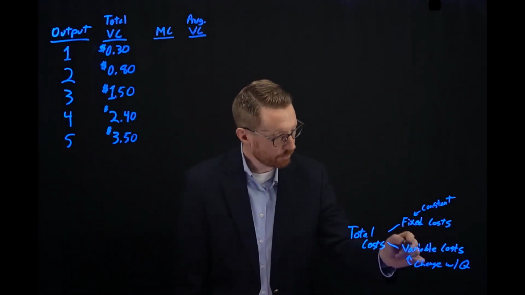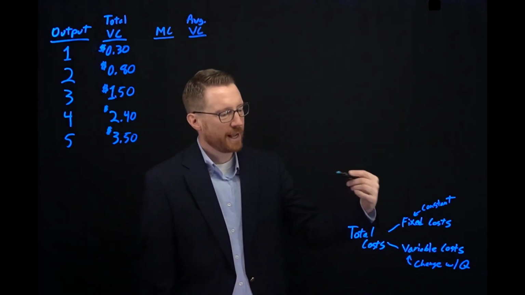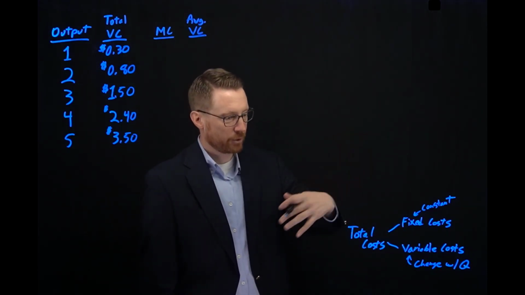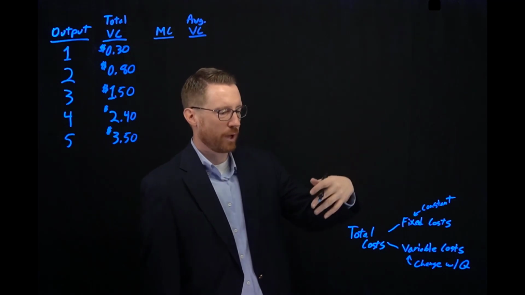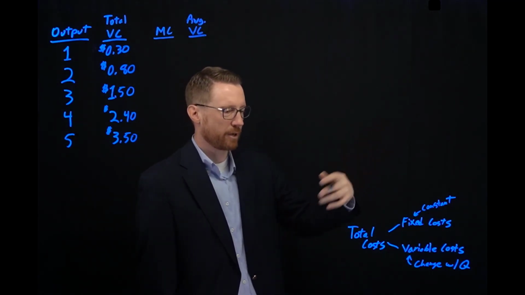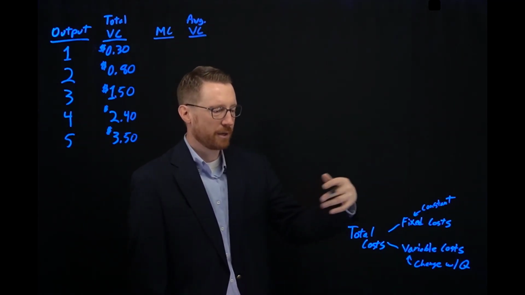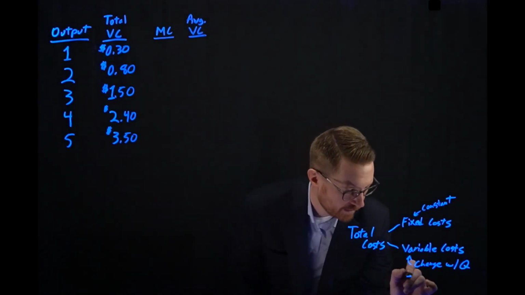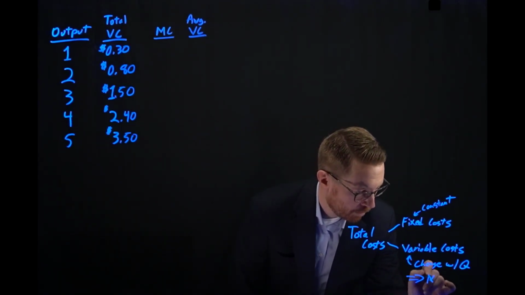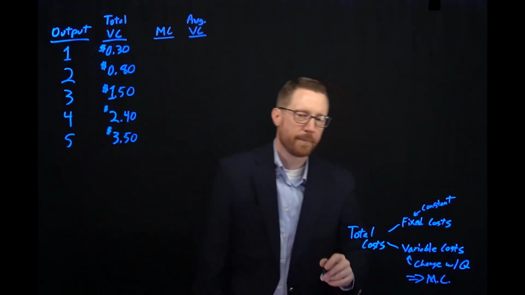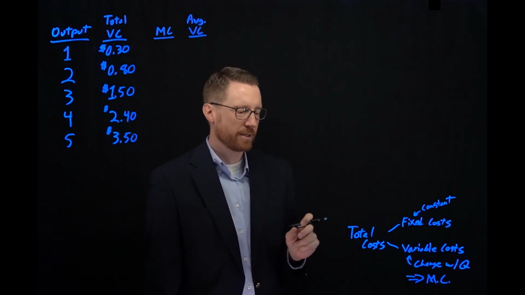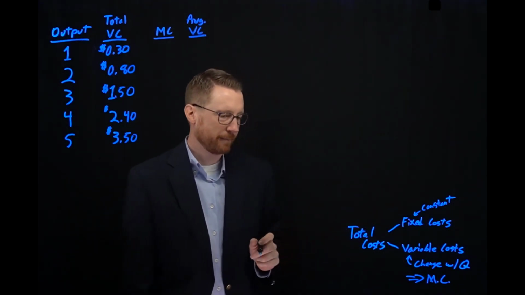So variable costs increase as we increase quantity, right? Because in order to make more cups of coffee, we're going to need more coffee beans and more labor. So this leads to an idea known as marginal cost, right? What's the cost of the next unit of output? What's the cost of the next cup of coffee?